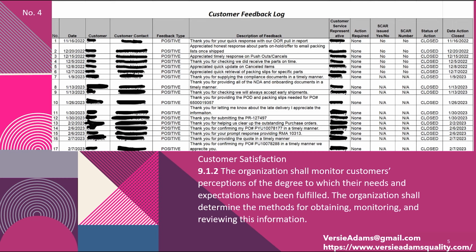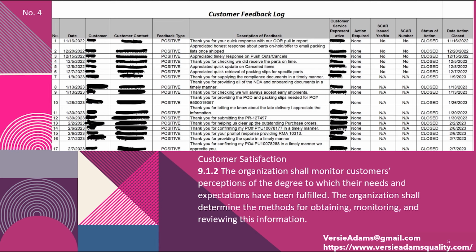Okay. Another one is this customer feedback log. What this basically does is when the supplier receives feedback from the customer, whether it's positive or negative, it's entered into this log, and the summary of the feedback is entered where it says description of feedback. And then the customer service representative who received it, if there's any actions required, if there was a supplier corrective action issued as a result of that feedback, the SCAR number if applicable, the status of the actions to respond to the feedback, and then the date that feedback response was closed.